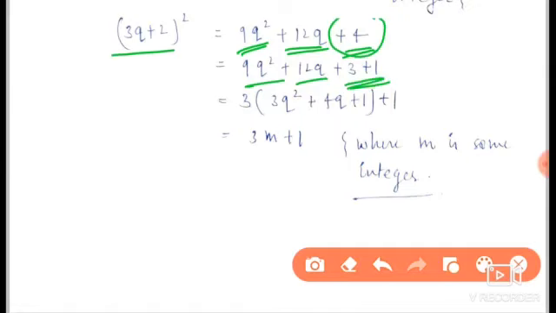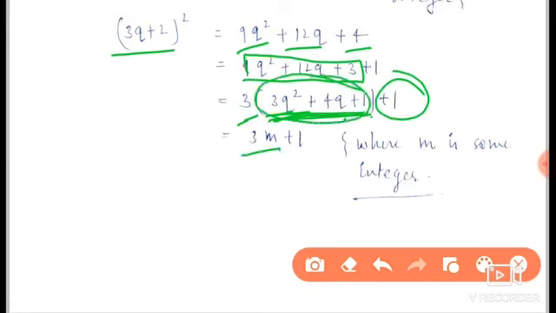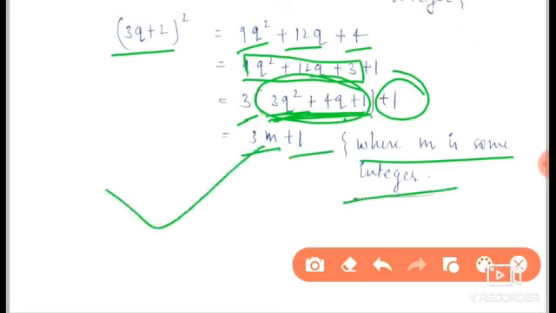Now we will take 3 as a common factor from here. What will be left here? 3q squared plus 4q plus 1, again plus 1 here. So we take this as m, so 3m plus 1, where m is some integer. So this is your solution.